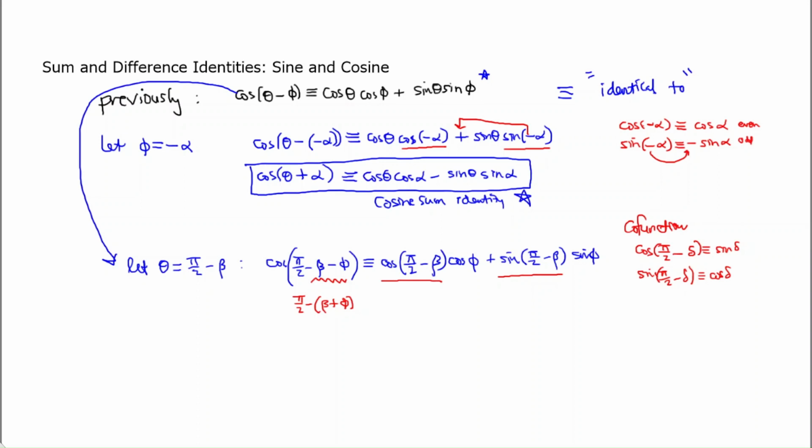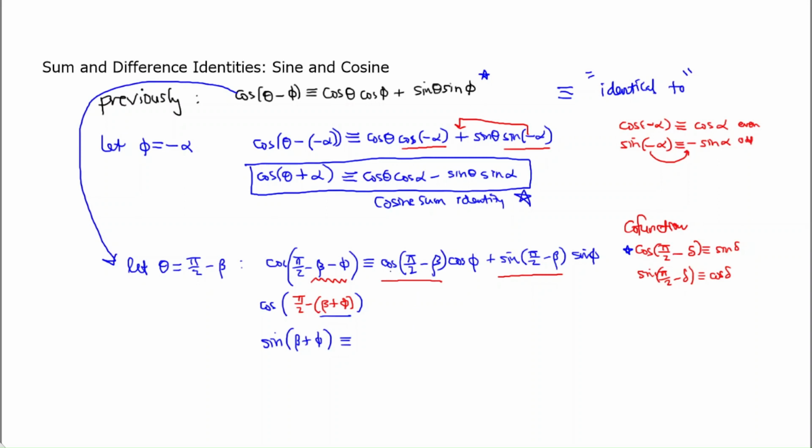Okay, and now there are three places that I can use a cofunction identity. On the left side, I have a cosine of pi over 2 minus something, and using this cofunction identity, that becomes the sine of the something, beta plus phi in this case.